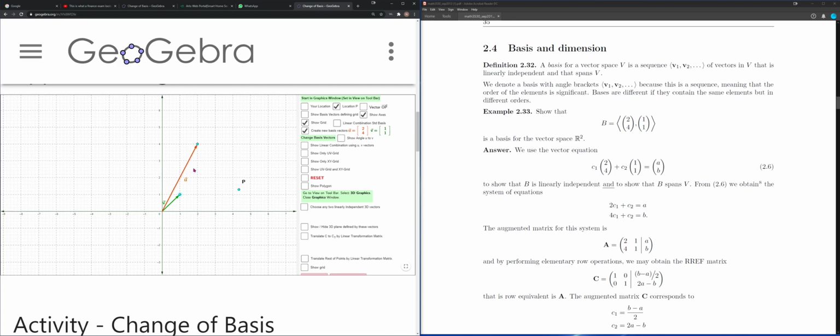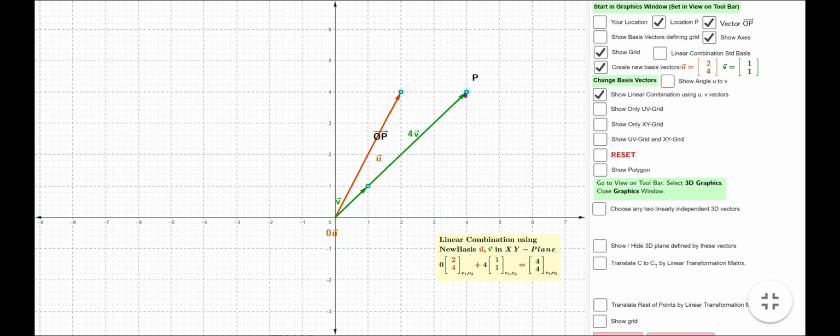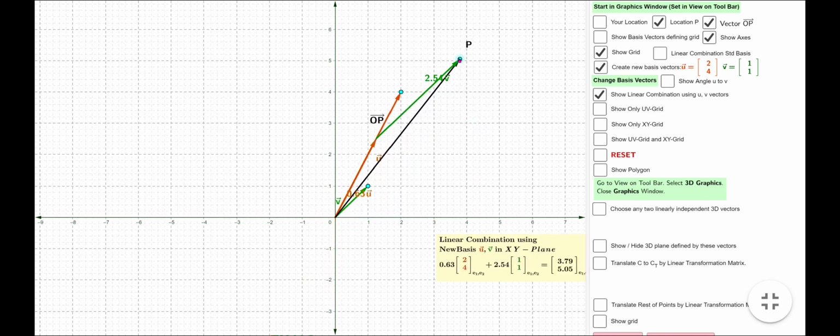I drew the vectors (2, 4) and (1, 1) over here, and while the diagram is nice, you can see that I can express any vector in R2 as a linear combination of the vectors u and v.